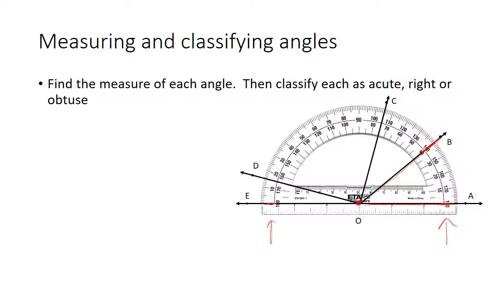And if you're lining up from this side, you're going to use the outside. You should be able to use some common sense to look at this angle and know it is not 140 degrees, so it can't possibly be the outer edge of the protractor we're going to use. We're going to use the inner edge, which would be 40 degrees. So using that, I want you to try to see what the measure of angle AOD is.